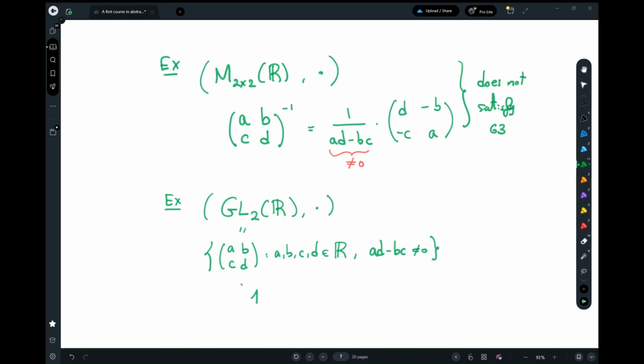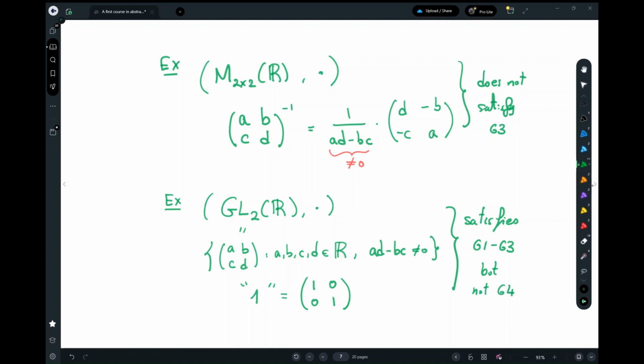What is the 1 in this case is what we call the identity matrix. The identity matrix is a neutral element under multiplication. So this will satisfy G1 through G3, but it does not satisfy G4.